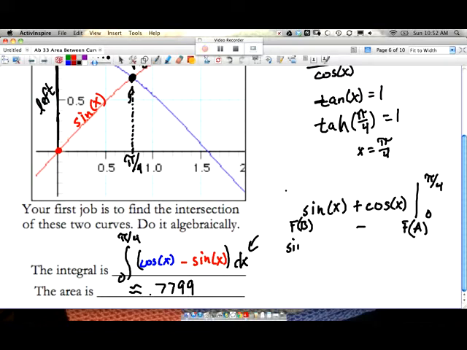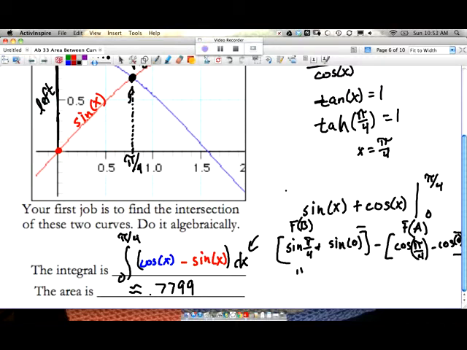Sine of pi over 4 plus sine of 0 minus cosine pi over 4 minus cosine 0.